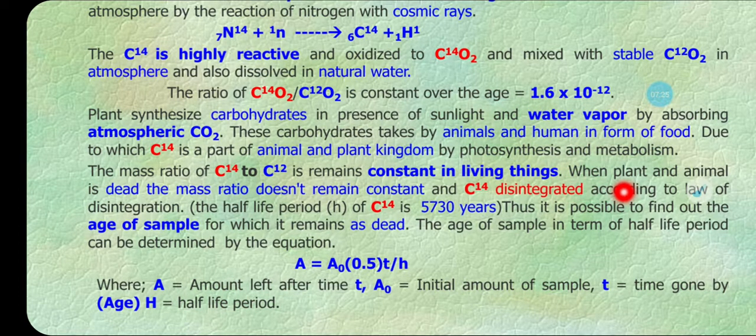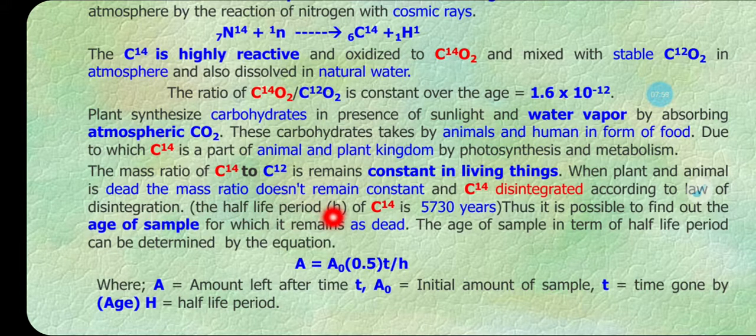When plant and animal is dead, the mass ratio does not remain constant because C14 is radioisotope, it starts to disintegrate according to law of disintegration.